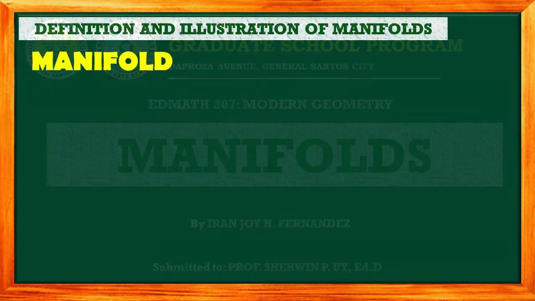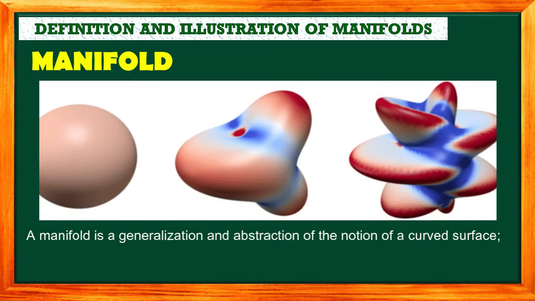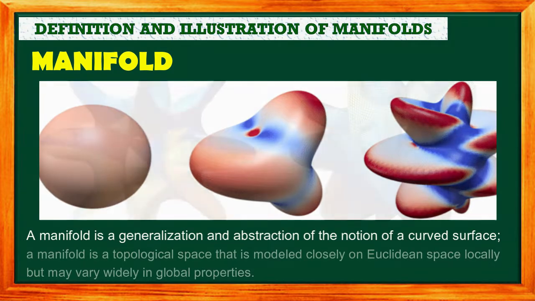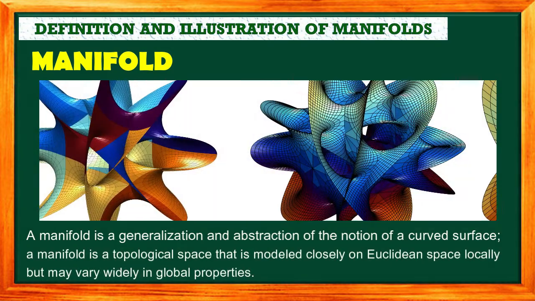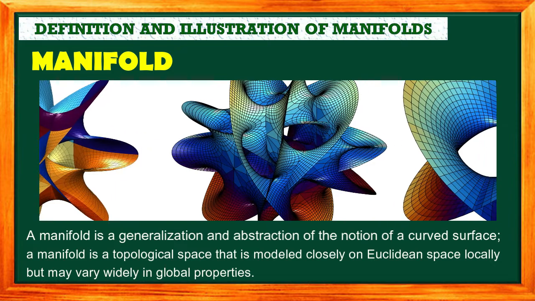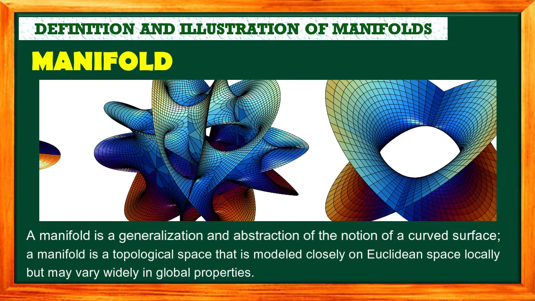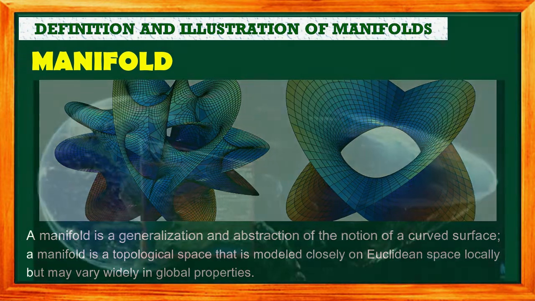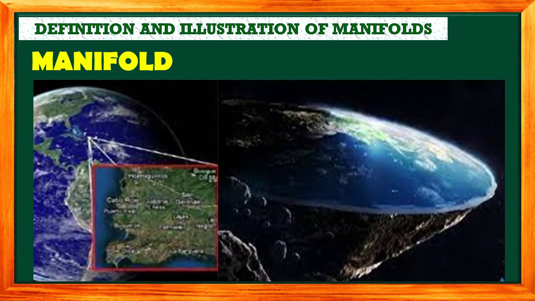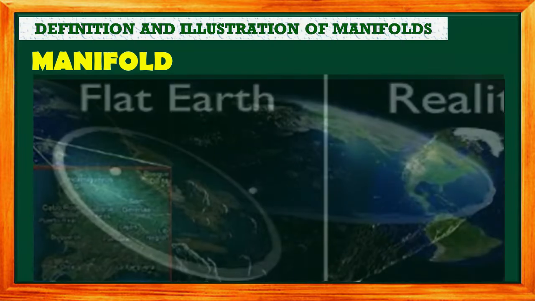What is a manifold? A manifold is a generalization and abstraction of the notion of a curved surface. A manifold is a topological space that is modeled closely on Euclidean space locally but may vary widely in global properties. To illustrate this idea, consider the ancient belief that the Earth was flat as contrasted with the modern evidence that it is round.